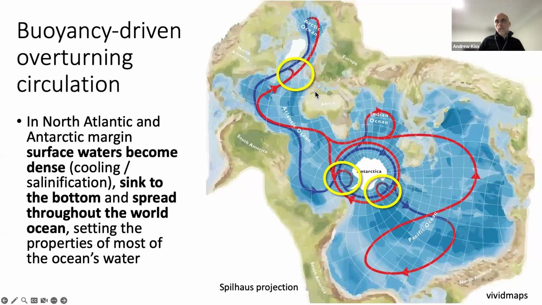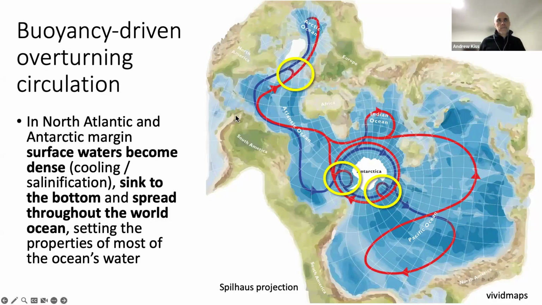There are just a few places on Earth where there's intense cooling and/or salinification of the surface of the ocean, which makes the surface waters dense, and then they sink to the bottom of the ocean. Those dense waters will spread out from those few locations, and they actually fill up the oceans from below. Most of the volume of the ocean is actually very cold water, which originated from polar regions, and it's spread throughout all latitudes and gradually diffuses upwards.